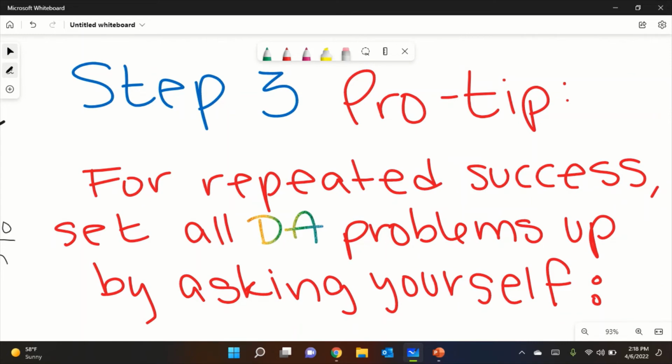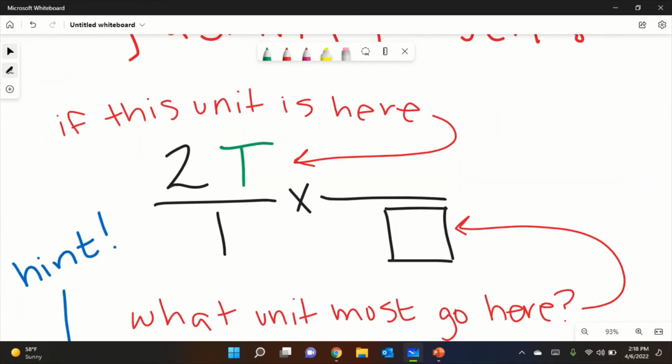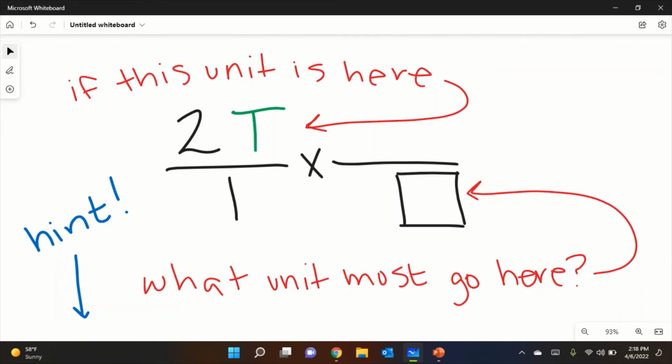For repeated success during dosage calculations, set them all up by asking yourself this question: if this unit is here, meaning in this location, on top of the fraction on the left, what unit must go here, the bottom unit on the right?